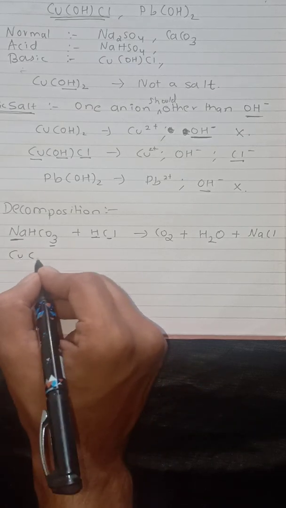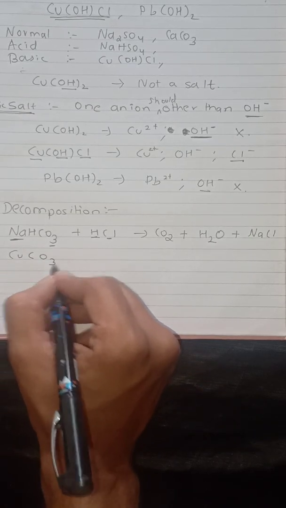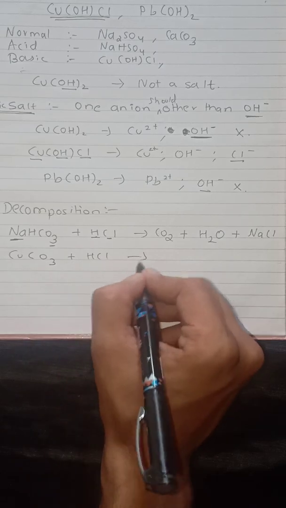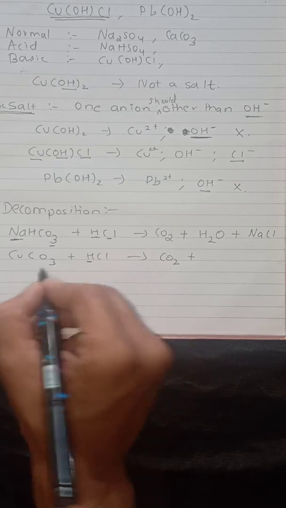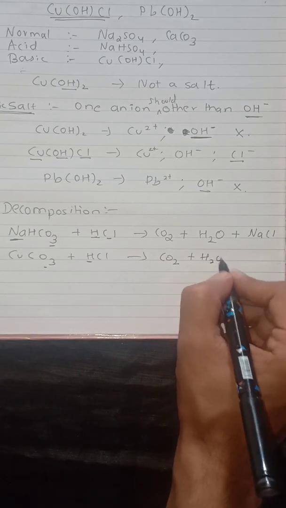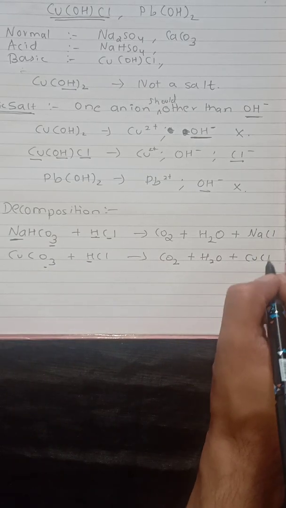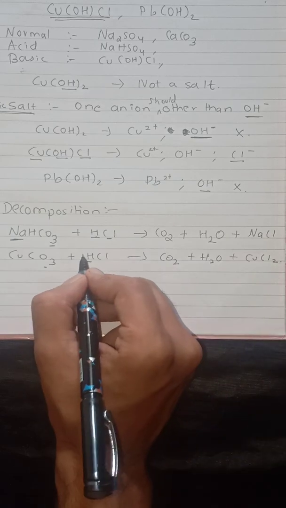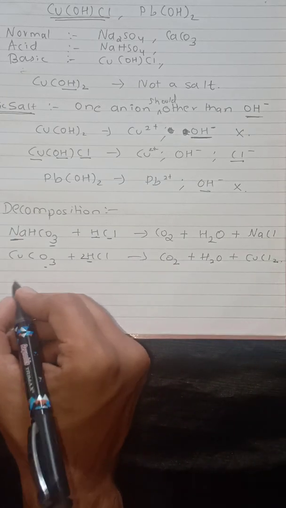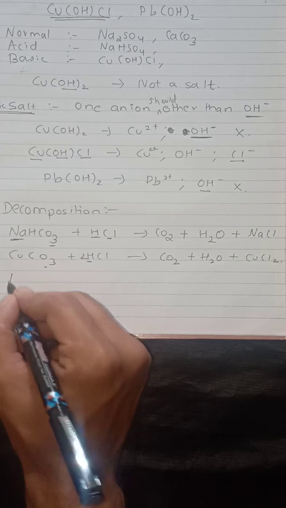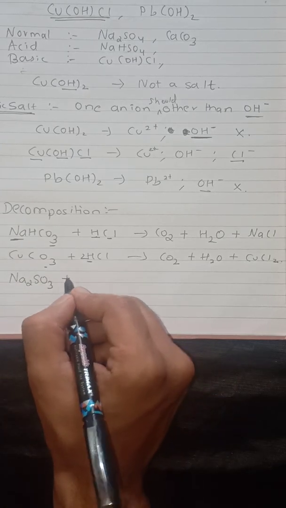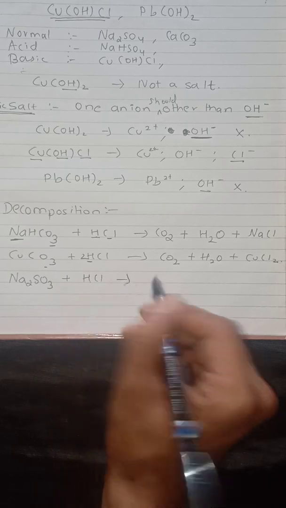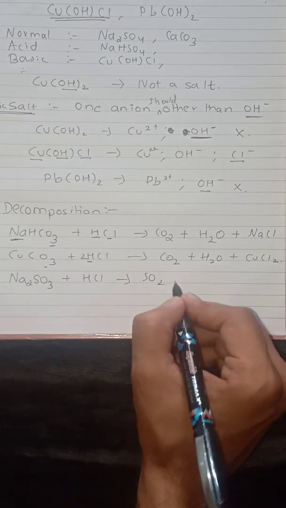The carbonate case is the same only. CO3 means CO2 logic. One H and one oxygen will help you to form water, and copper chloride will form. Then regarding the sulfite part, SO3 means SO2.